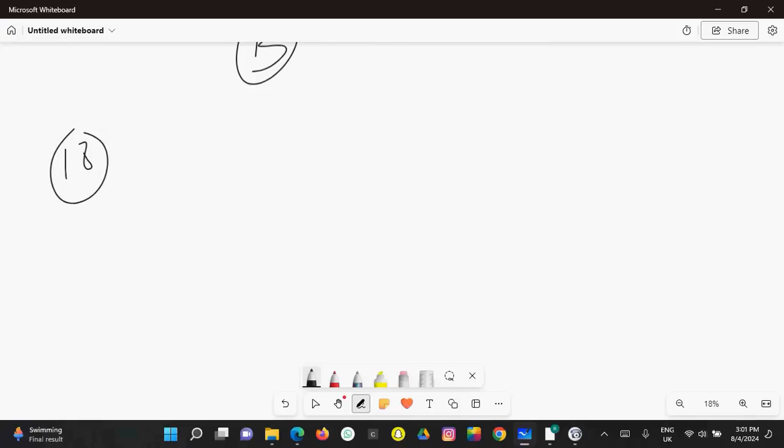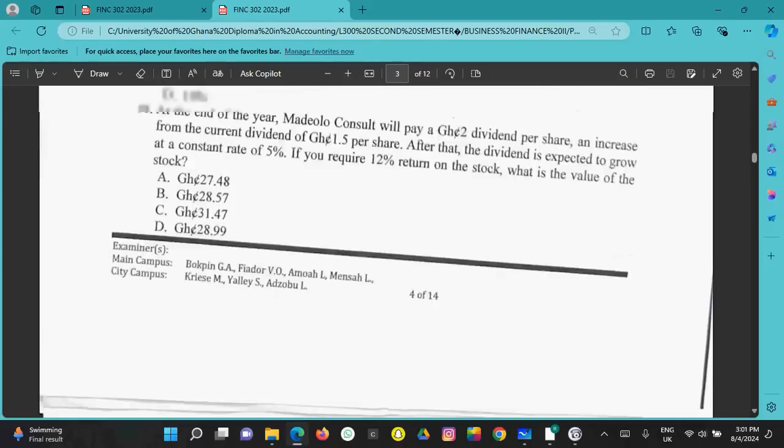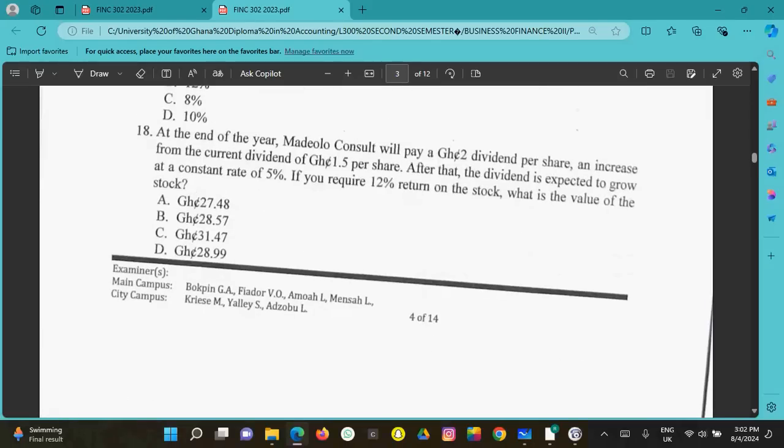$18. At the end of the year, Madelo Consult will pay 2 cedis dividend per share, an increase from the current dividend of 0.5 per share. After that, the dividend is expected to grow at a constant rate of 5% if you require 12% return on the stock.